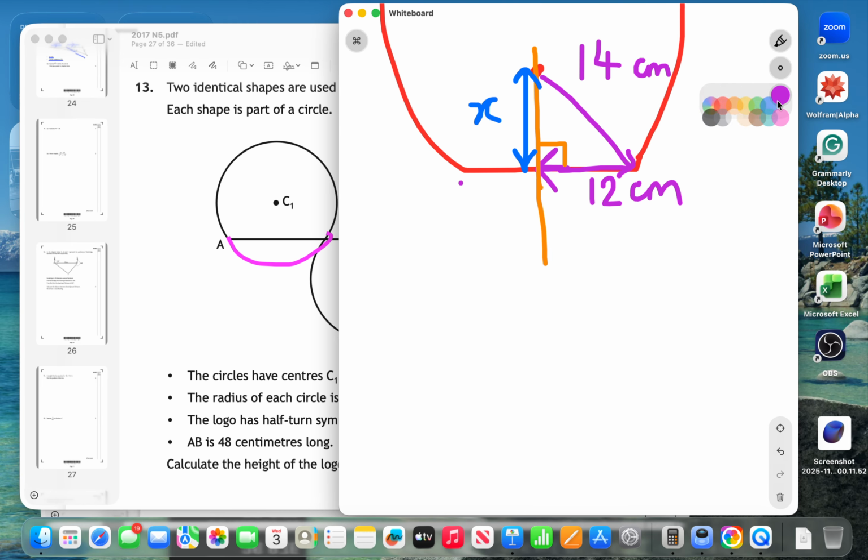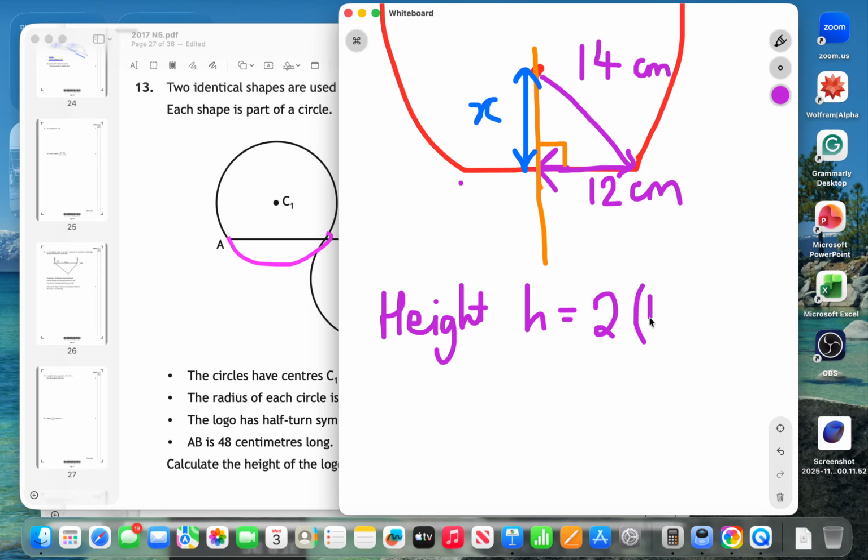So the height h equals 2 times the height of each shape, and each shape is 14 plus x. H equals 28 plus 2x centimetres.